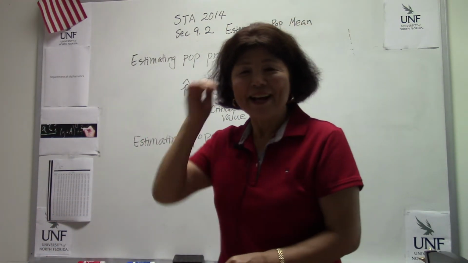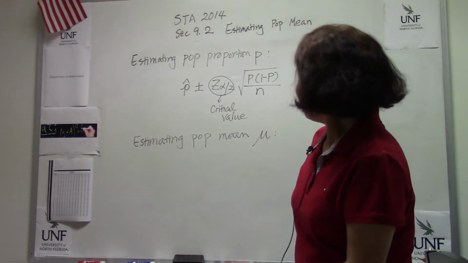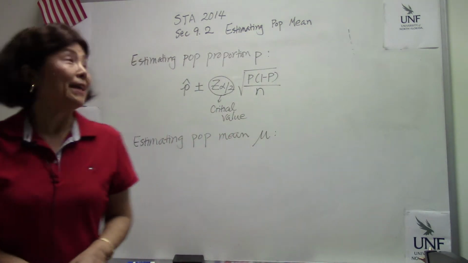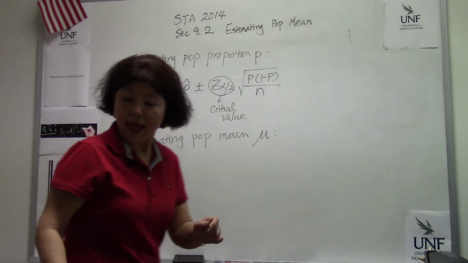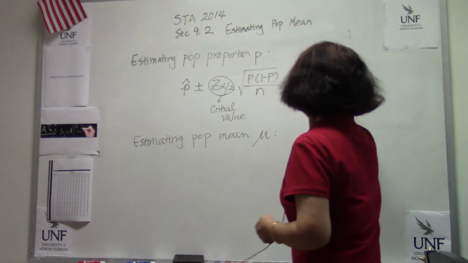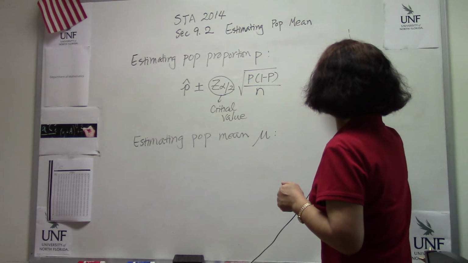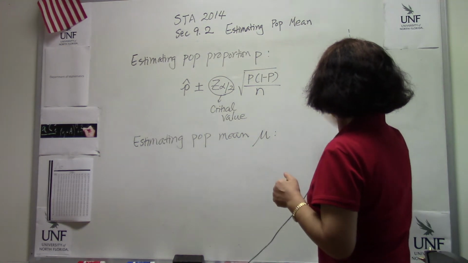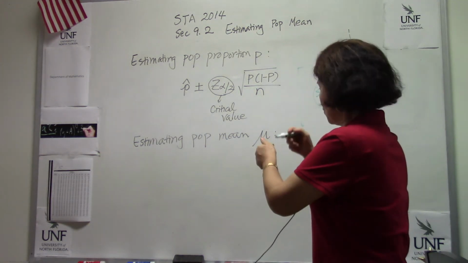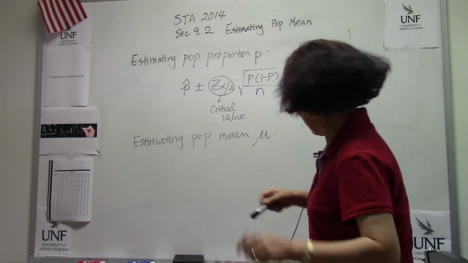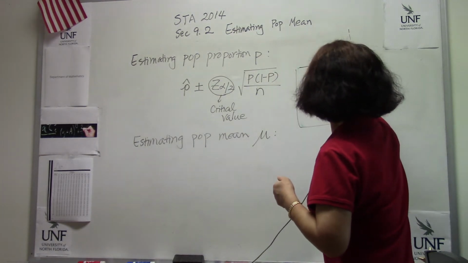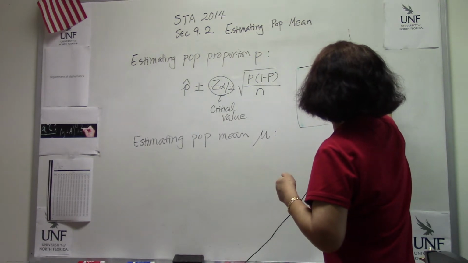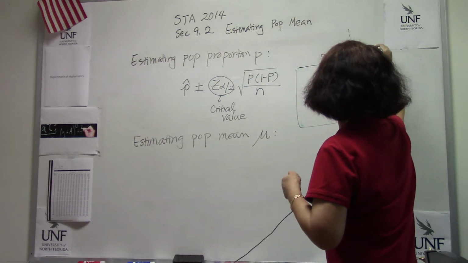Hi. Okay. Today we are going to study section 9.2, estimating population mean. In other words, we are going to have just a sample mean, and from here we are going to estimate this big population mean, which is mu.